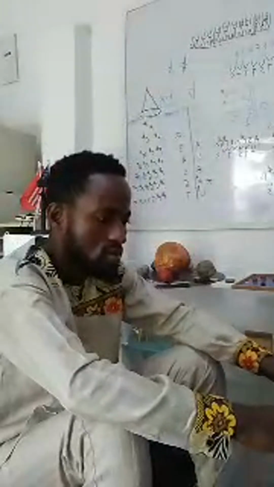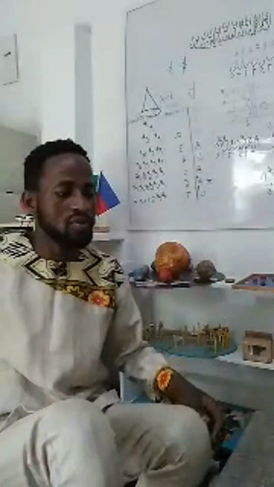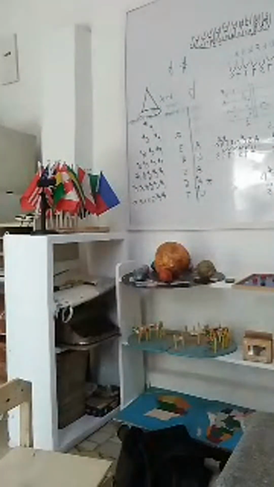So we have auditory, right? Under auditory, we have sound box. We have sound jar. Then we have a Montessori bell. Let me turn the camera so they can see it.